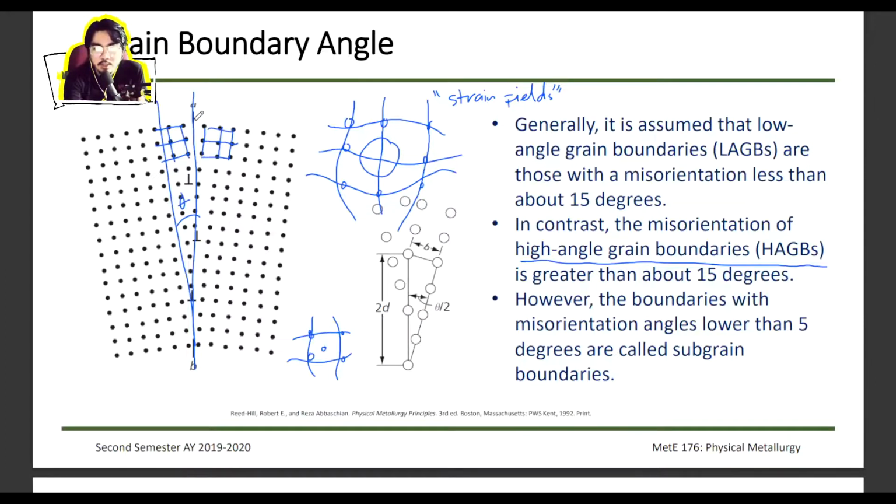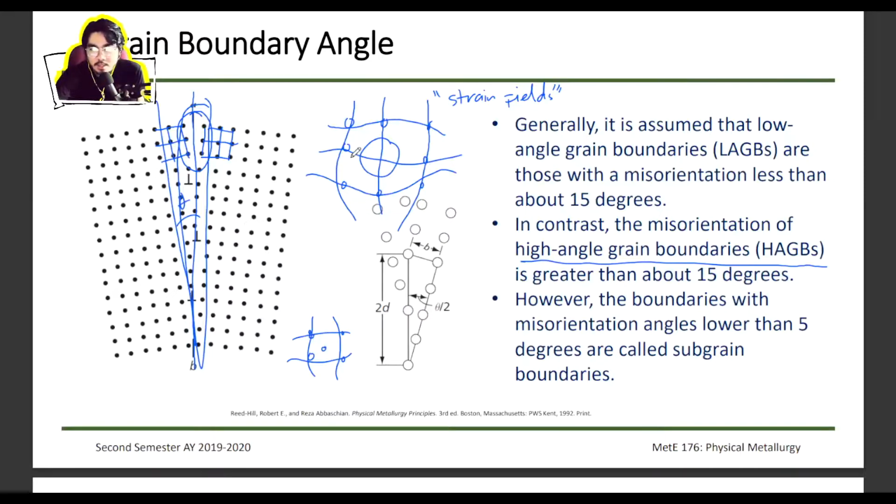And because it has a different orientation, nagkakaroon ng strain field dito sa part na to. So along this grain boundary, meron kang strain field. And that strain field is sobrang order stronger than the normal strain field na napoproduce sa mga interstitial atoms. So that's why grain boundaries hinder dislocation motion so much.